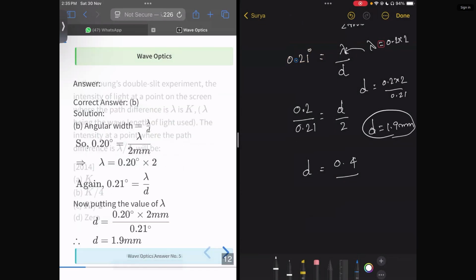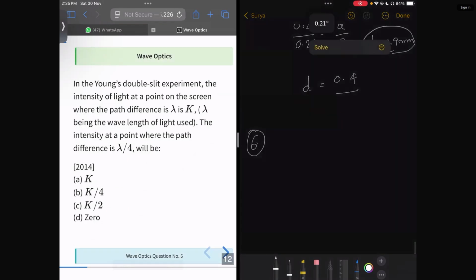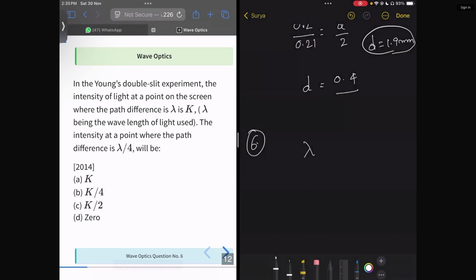Next question. In Young's double slit experiment, the intensity of light at a point on the screen where the path difference is lambda is k, lambda being the wavelength of light used.